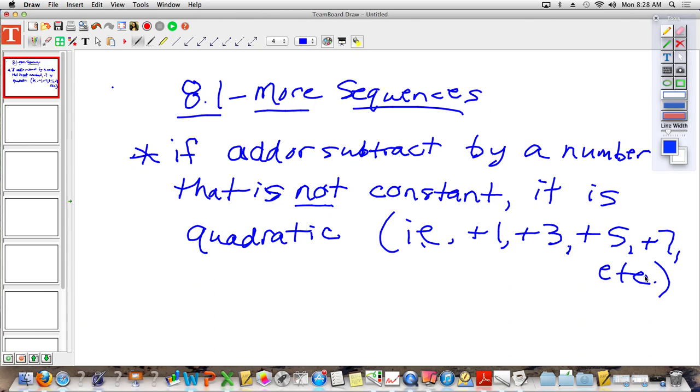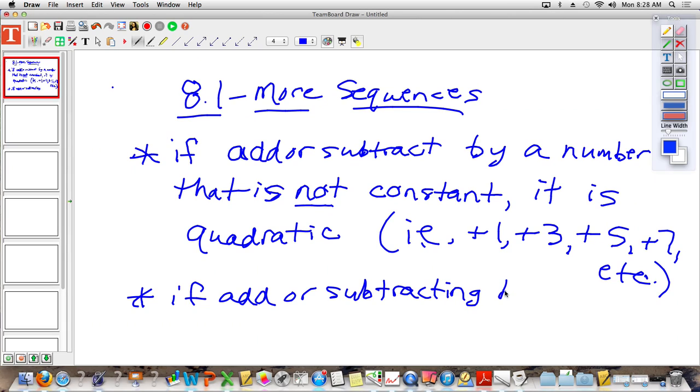If it is constant, so if you are adding or subtracting by a constant, what's it called, you guys?